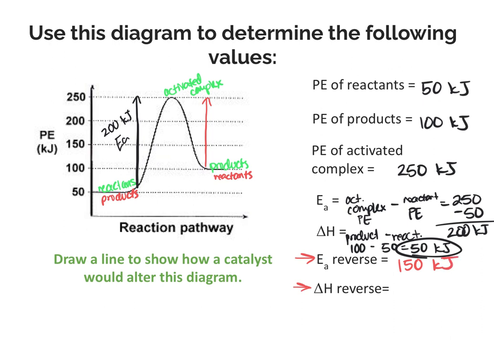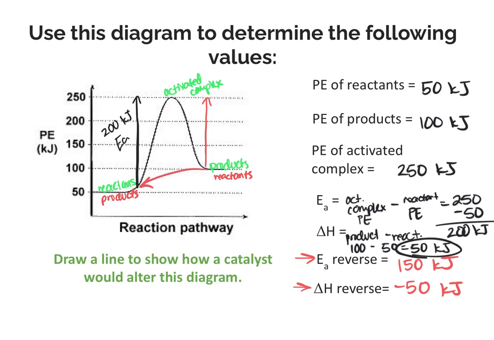Because it doesn't have to go up as high because the products are a higher energy. And the difference between the products and the reactants in the reverse reaction is going to be negative 50 kilojoules. So it's going to lose 50 kilojoules going from here to here. It goes down in energy.